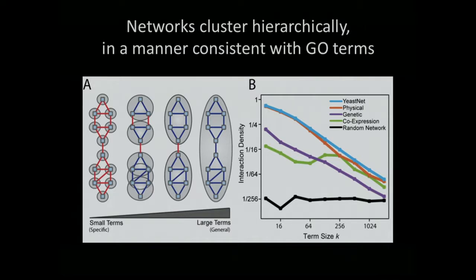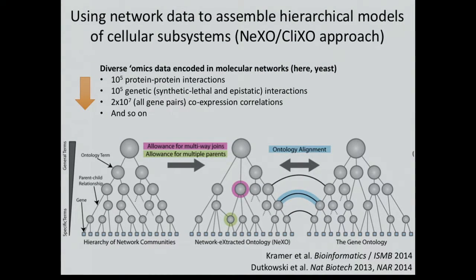So this was encouraging because it told us that maybe there wasn't just the correspondence, but you could actually put Go aside for a moment, reconstruct the hierarchy, and then get most of what's already in Go and has been, in comparison, painstakingly curated over 10, 15 years.